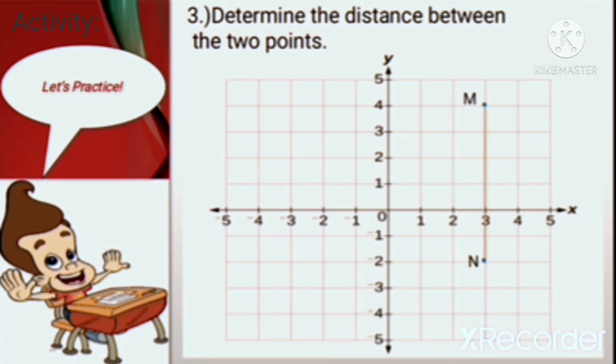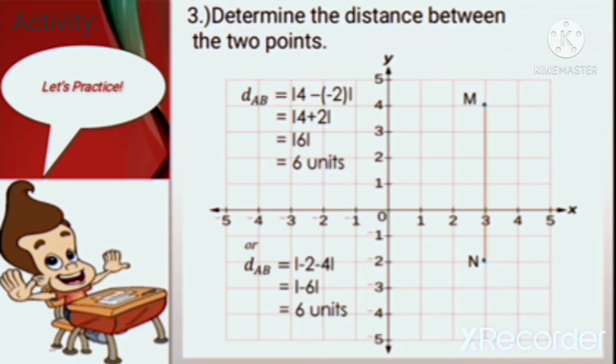So again, it is a vertical distance, so we'll use the increment of y. So we have the absolute value of 4 minus negative 2. Our y sub 2 is 4, and our y sub 1 is negative 2. So simplify, negative times negative is positive. So we have 4 plus 2, the absolute value of 6, that is 6 units.